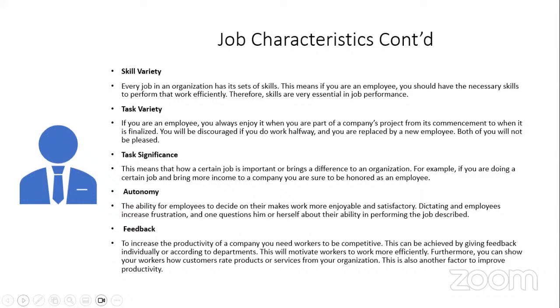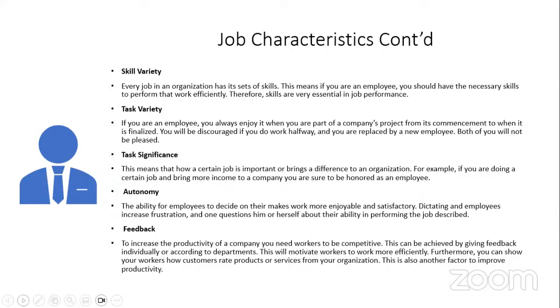Task significance. This means how important a certain job is or the difference it brings to an organization. For example, if you are doing a certain job and bring more income to a company, you are sure to be honored as an employee, and that will encourage you to do more as an individual. Autonomy.